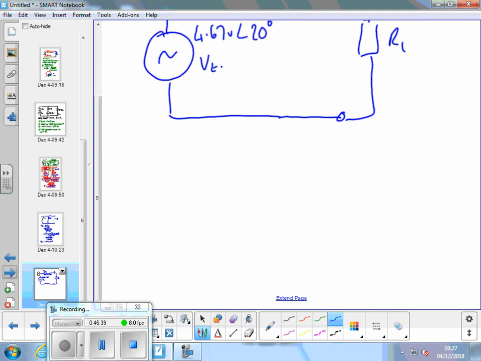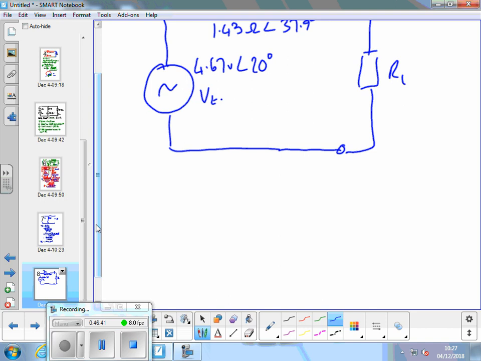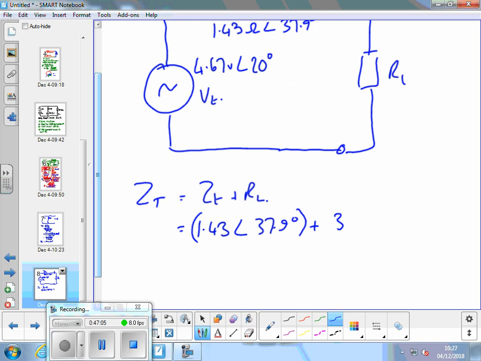So now we've got a simple series circuit whereby we can calculate the total impedance, Z Thevenin's plus RL, 1.43 angle 37.9 degrees plus 3 angle 0 degrees, because that was 3 ohms.